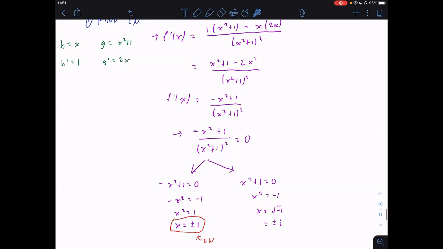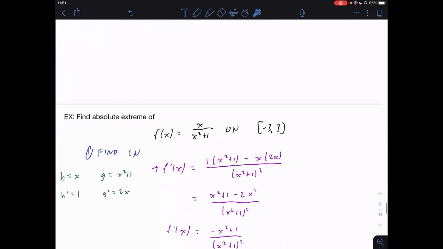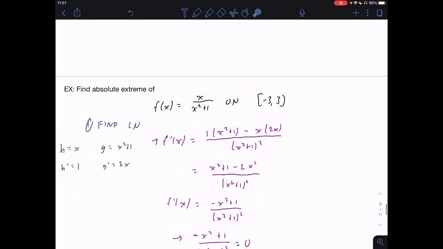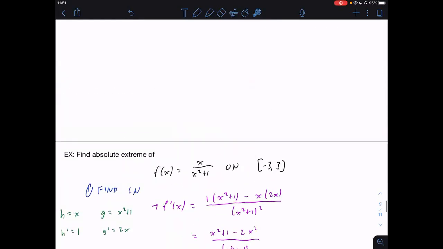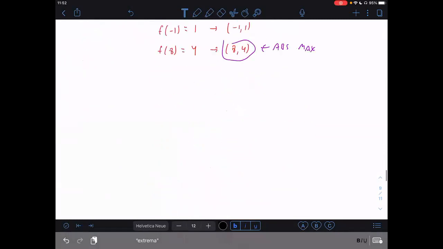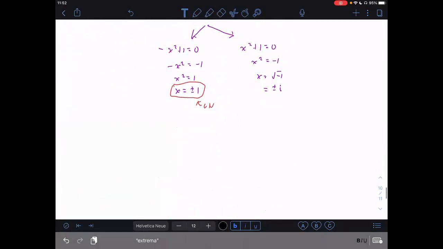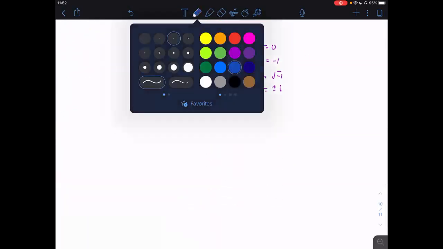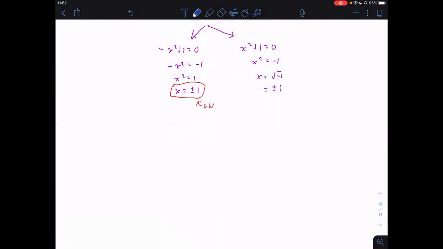So now let's take our two critical numbers of negative and positive 1, along with the closed interval, our two endpoints, to find our absolute extrema. Okay, all right, so now that we have found our critical values, let's go to the second step.